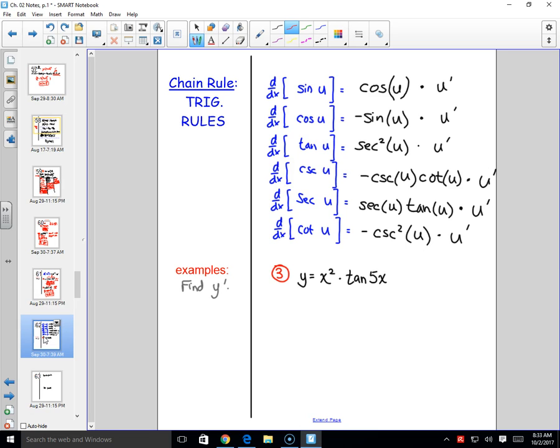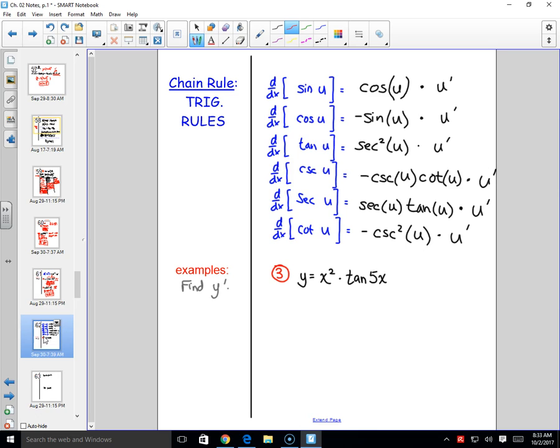This is a good review of the rules. And multiply bunnies u prime. I'm showing you an example in number 3 down below. Which is why we want the tangent of 5x to be able to go quickly.